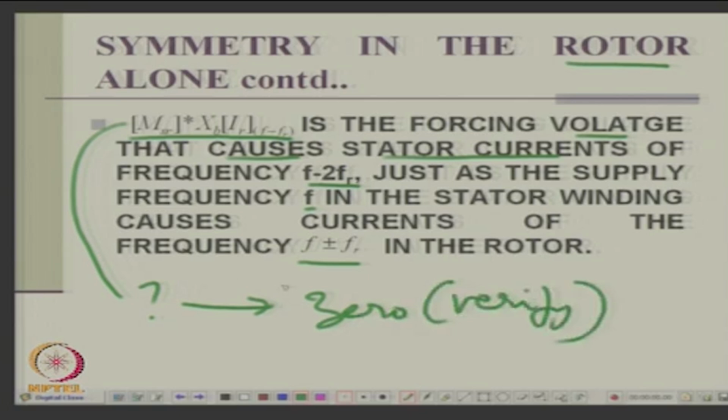I want you to verify this, because IR itself is IR of F minus FR, because the rotor is symmetrical, is itself a balanced current. Now, you just find out this.